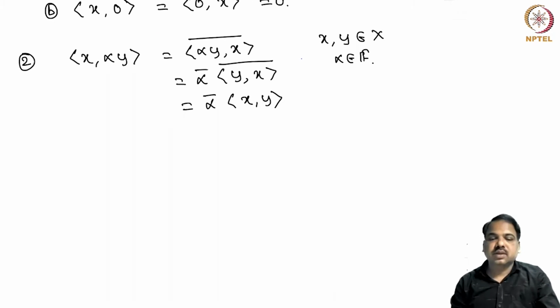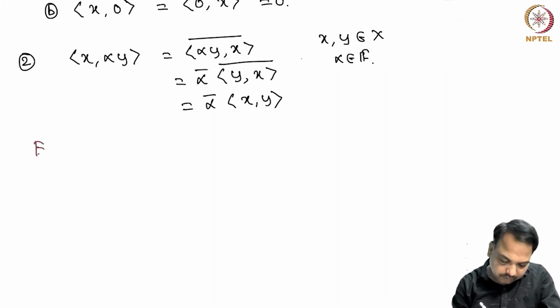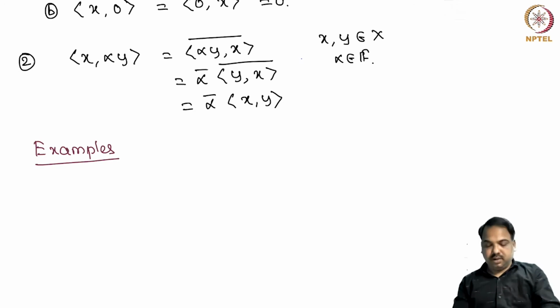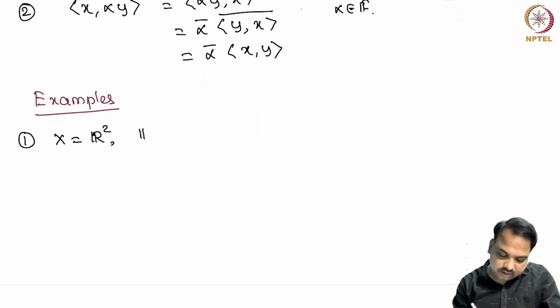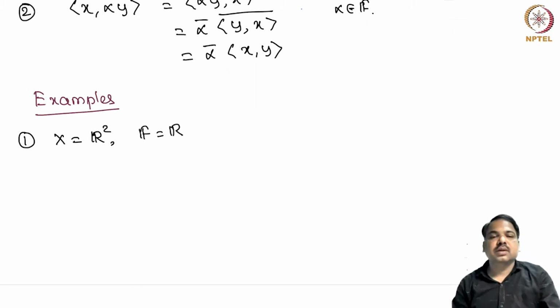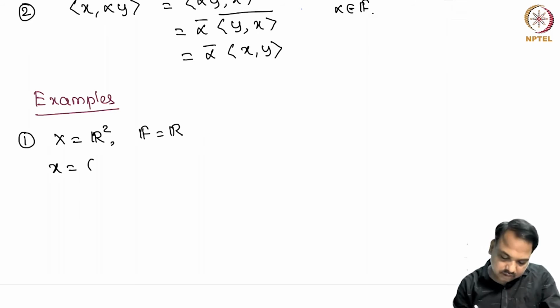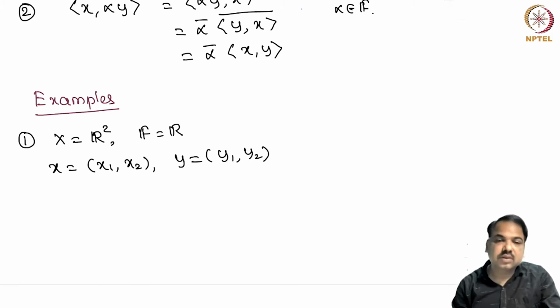Let us look at some examples of semi-inner product spaces. The first one, let us take X to be R2 and here the field is R. Let us take X to be (X1, X2) and Y to be (Y1, Y2).